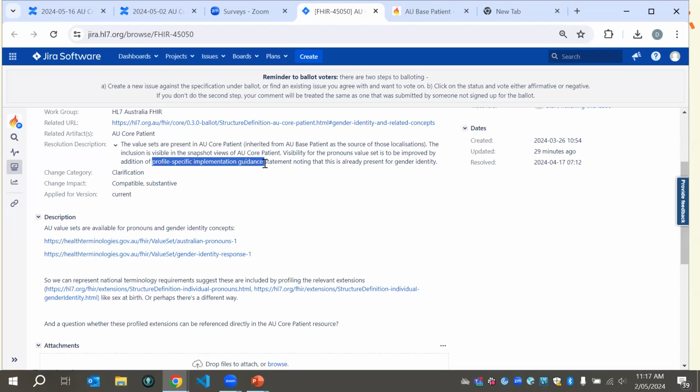So does this become a shared ballot issue for the two groups then? I thought that we would raise a separate one for AU Base. The agreement with the FHIR work group is that if that's what AU Core wants, we would then raise the AU Base one, which means in AU Core, we're saying, do we want to do this?